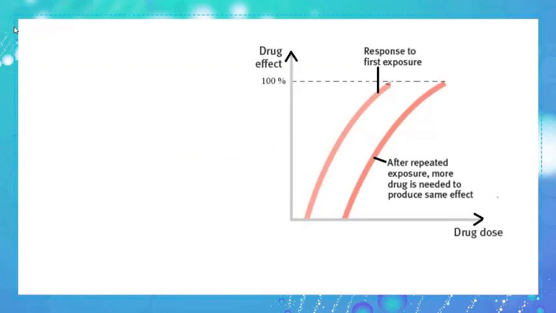Here, the chart studies the relation between drug dose and body response after first exposure and after repeated exposures to drugs. It's obvious that the response to first exposure attains maximum after a small drug dose, but after repeated exposures, more drug is needed to produce the same maximum effect.